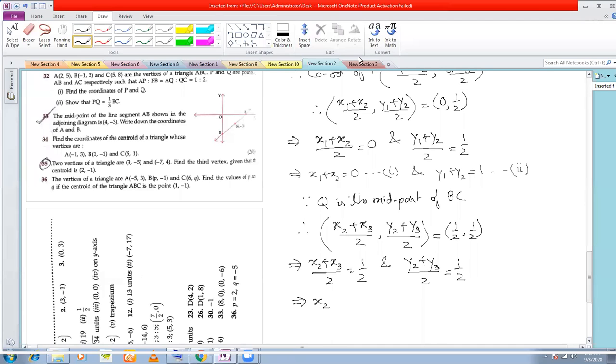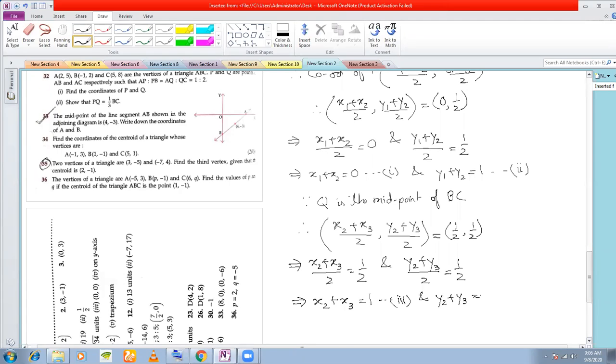That means x2 plus x3 is equal to 1. Call this equation number 3, and y2 plus y3 is equal to 1. Call this equation number 4.